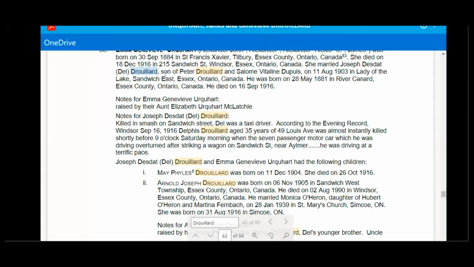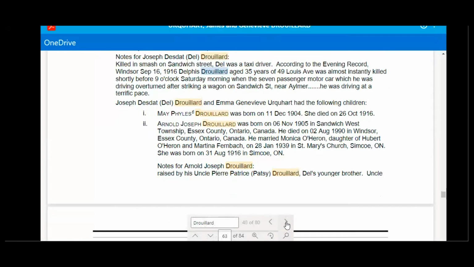Then it will take me to the Droulards. I'm at the 45th entry of the name Droulard, and there are 80 of the Droulard names mentioned. So you can see what's included.